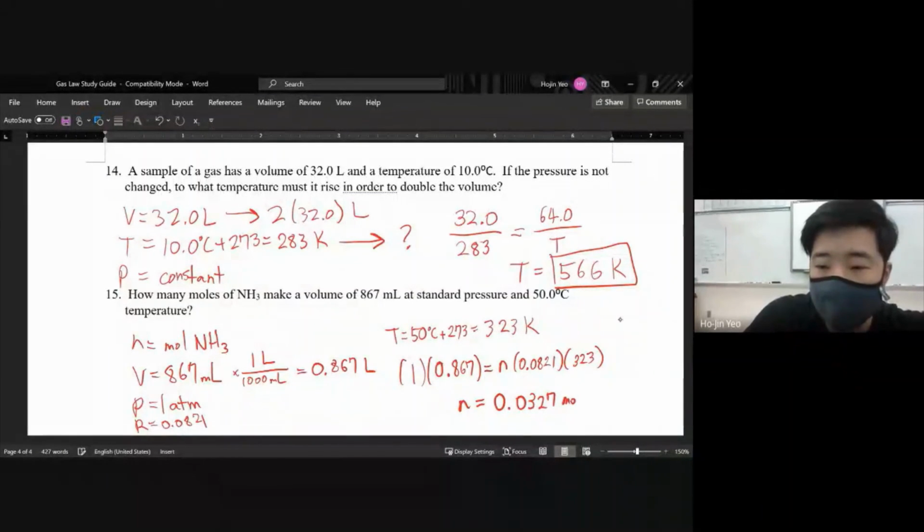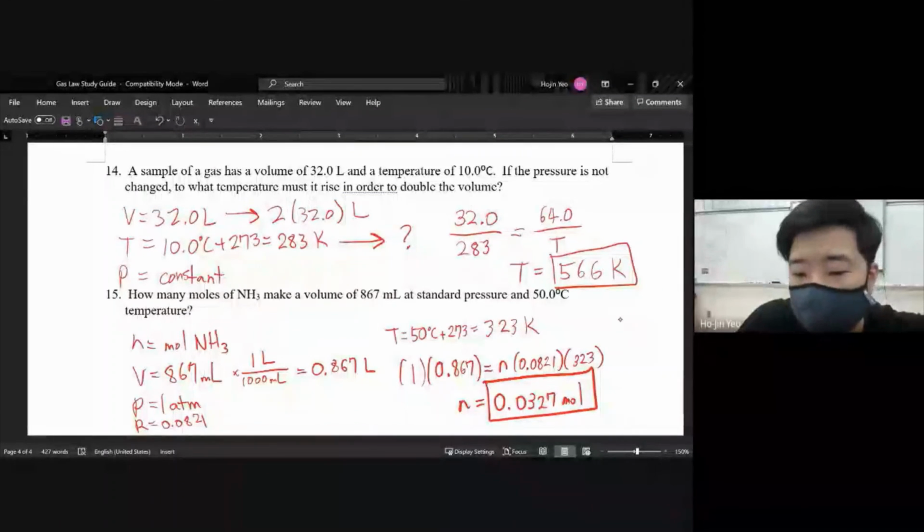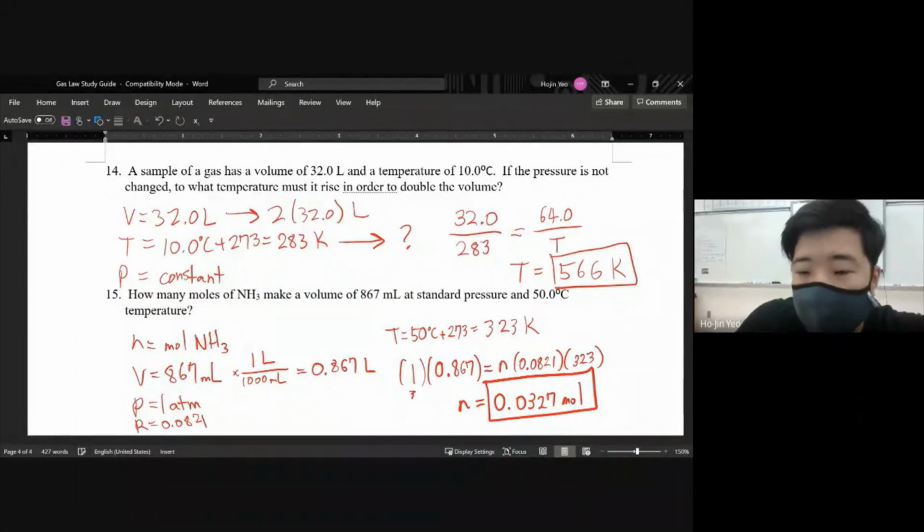Which will give you 0.0327 moles. Now, the reason why this is 3 sig figs instead of 1 sig fig because of 1 ATM is because the 1 ATM is a defined number. If you guys remember all the way back from your lesson about sig figs, defined numbers are not counted as sig figs.